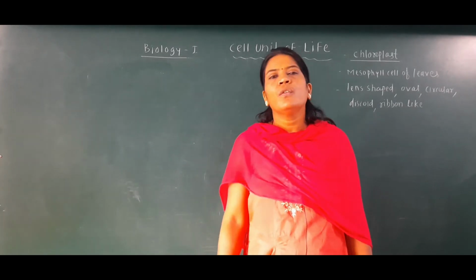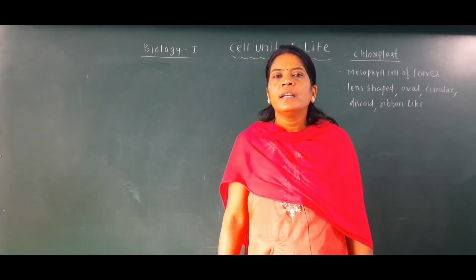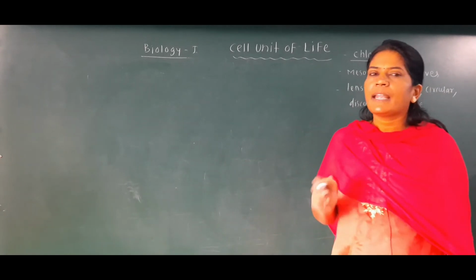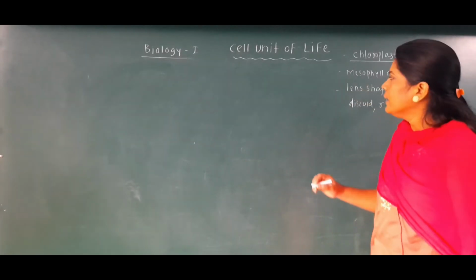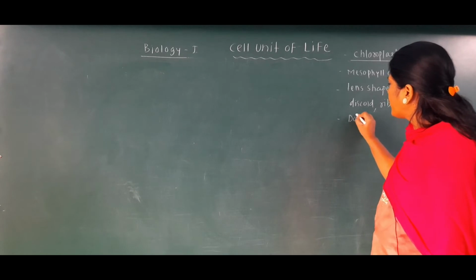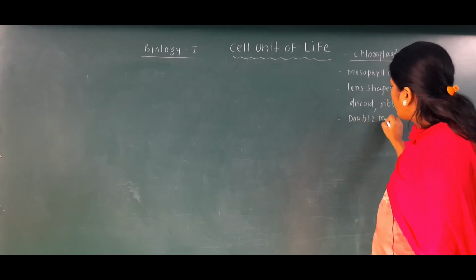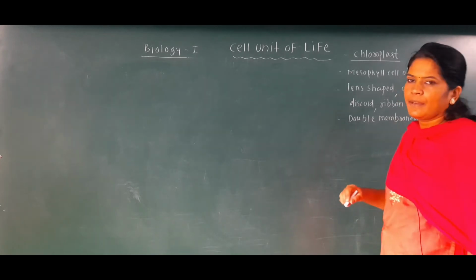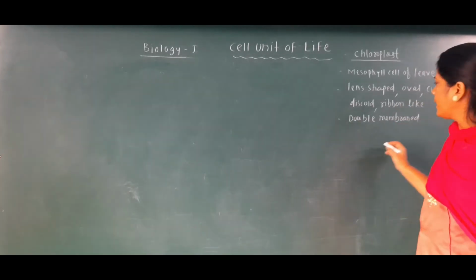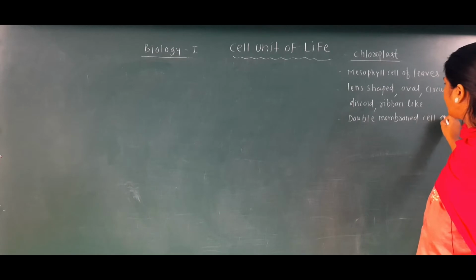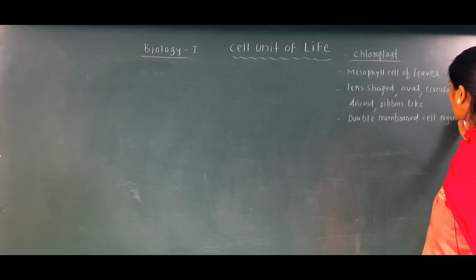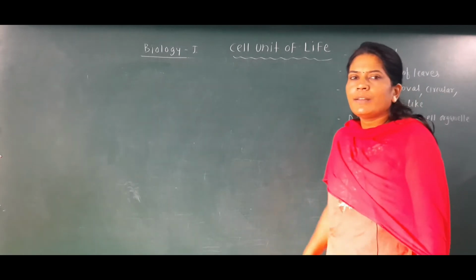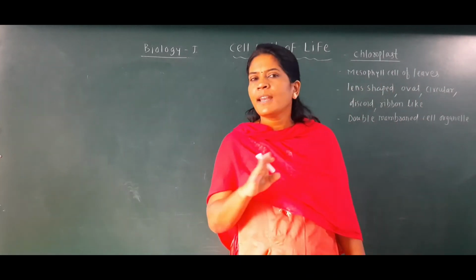And here, this chloroplast, like the mitochondria, is a double membrane structure. It is a double membrane cell organelle, because mitochondria also has two membranes, outer membrane and inner membrane.